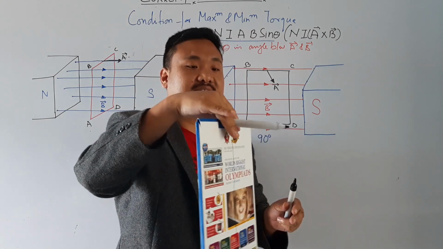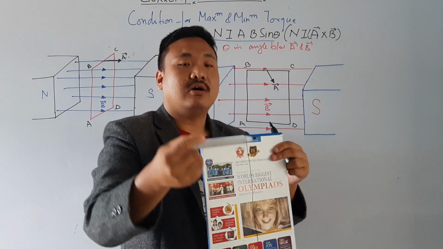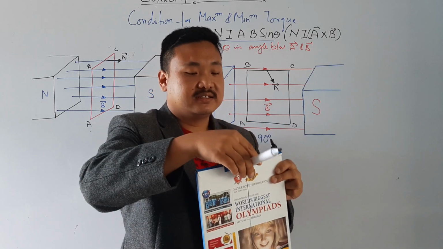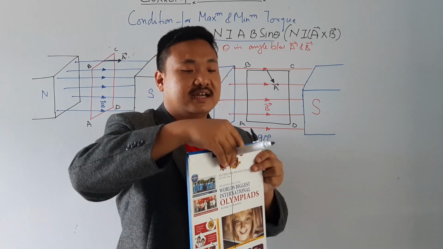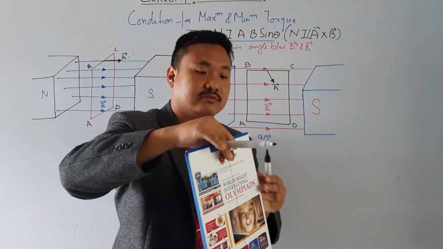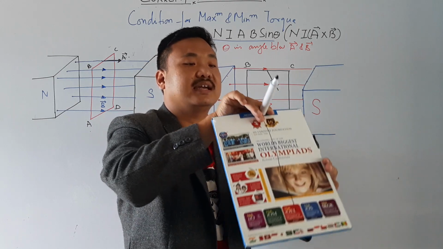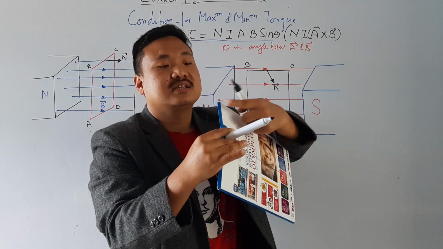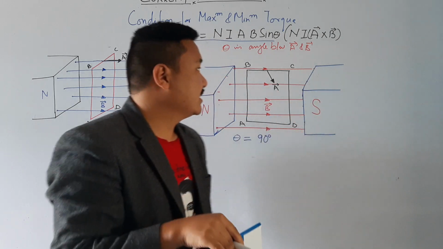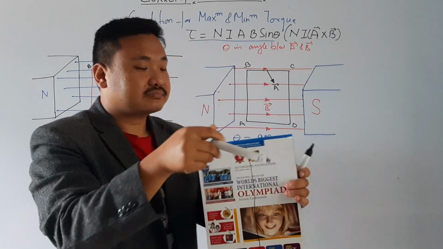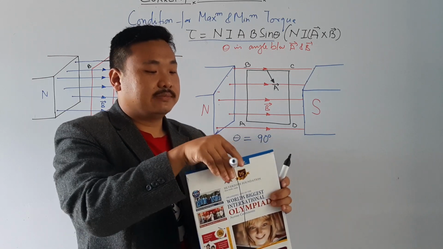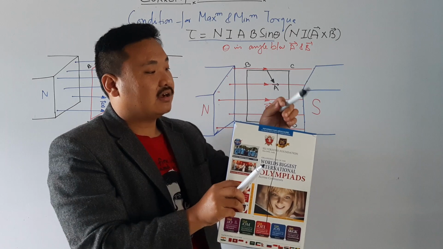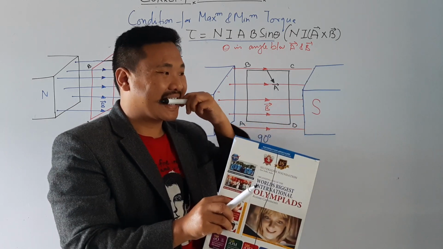Wherever you rotate like this, the area vector will always be perpendicular to this plane. If you rotate like this, everywhere this and this is always 90 degree, okay. So this is how I am placing the thing.